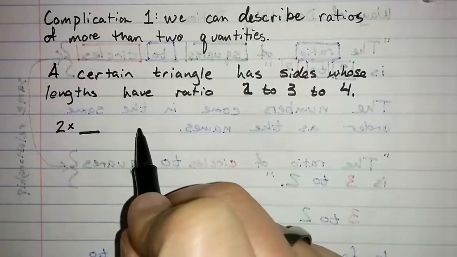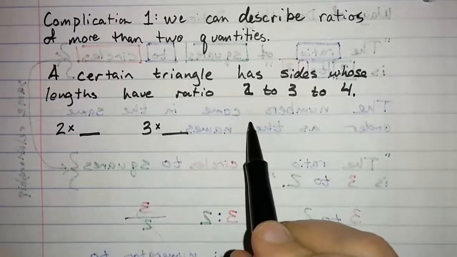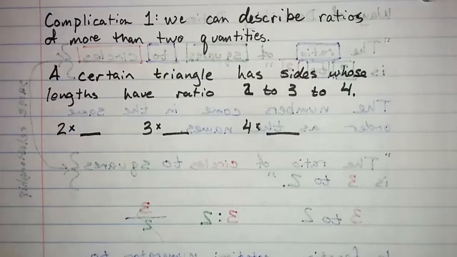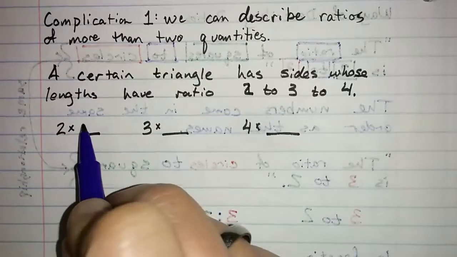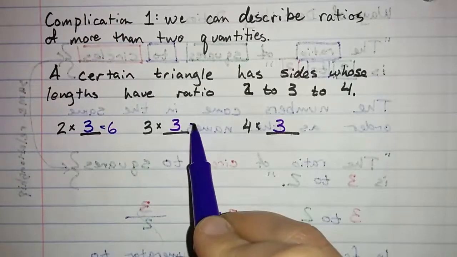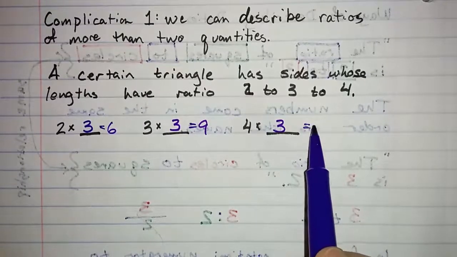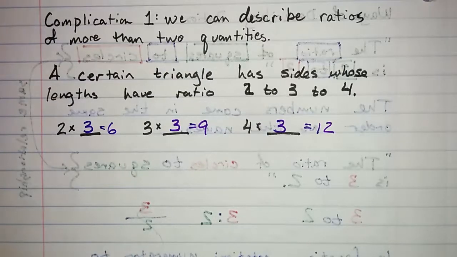The second side's length is 3 times that same thing. And the third side's length is 4 times that same thing again. So we might have, for example, 2 times 3 is 6, 3 times 3 is 9, 4 times 3 is 12, and that would give us a triangle that looks like this.